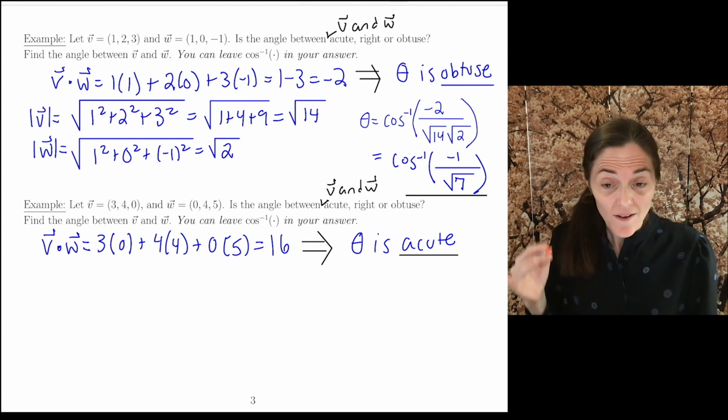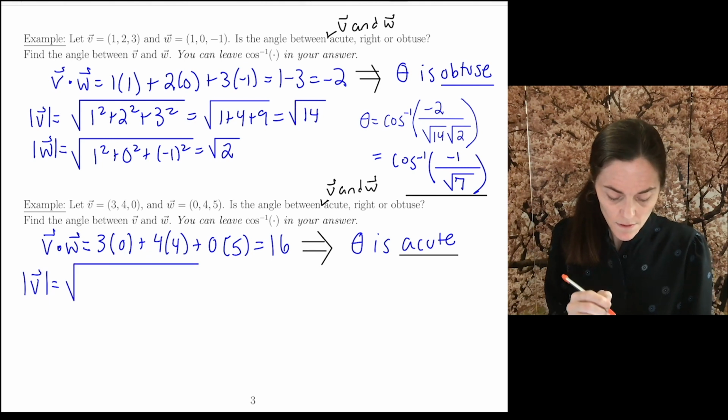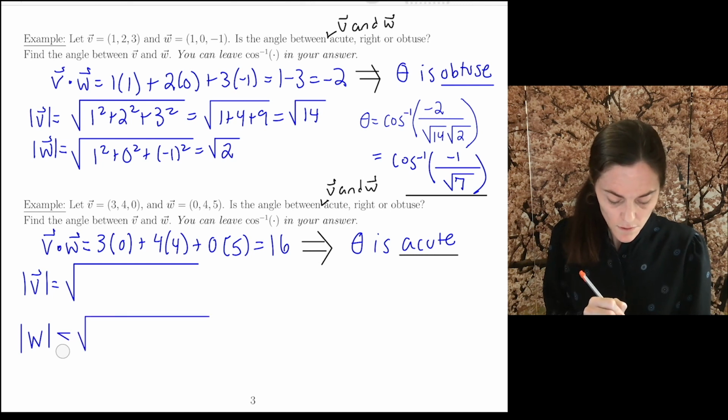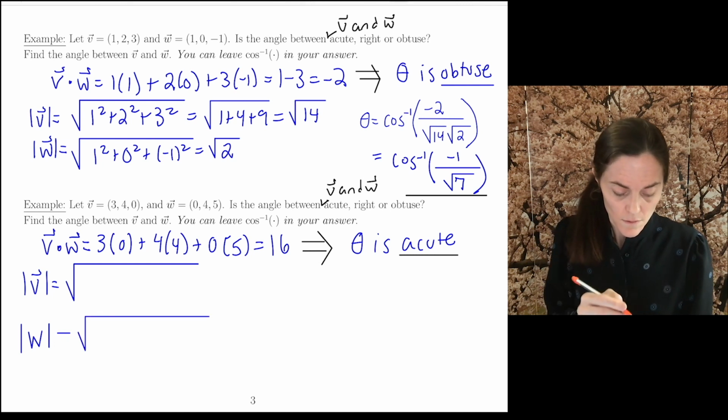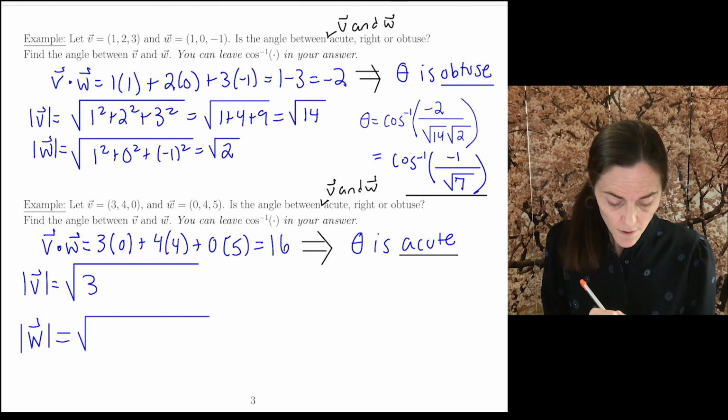Now, let's go about actually finding this angle. The length of v is a square root, and the length of w is a square root. The length of v is the square root of 3 squared plus 4 squared plus 0 squared.